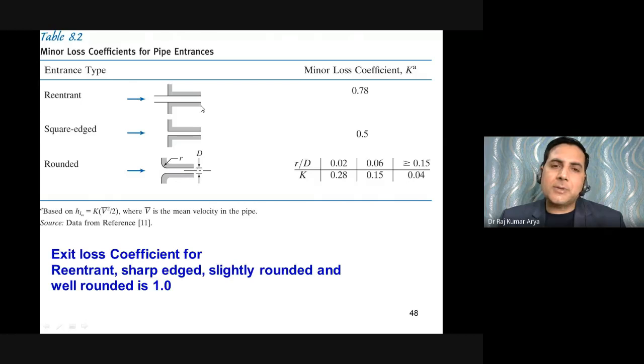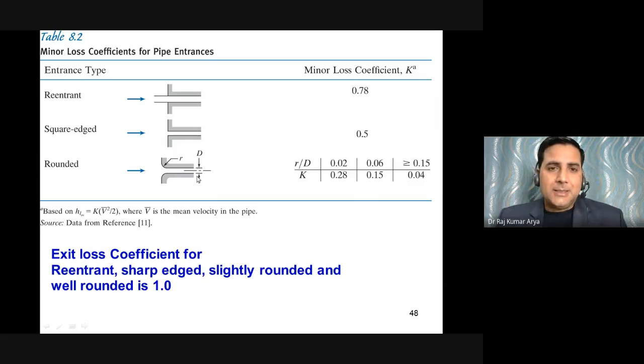Generally this is independent of the type, whether you have a sharp exit, re-entrant, or any shape, whether you bend it, smooth it, or curve it. All the time the exit loss coefficient is 1 only.